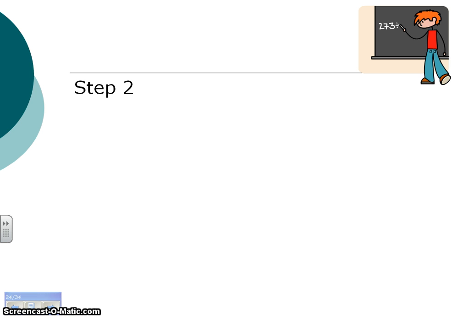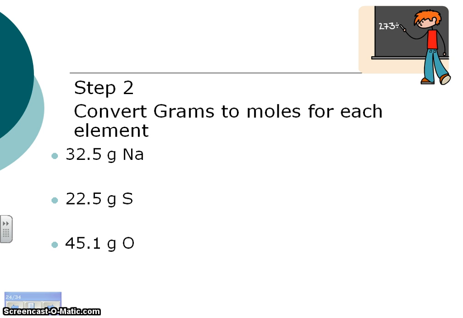So step 2. Now that we know our grams, we're going to convert the grams to moles for each element. So all we're going to do is set up our unit conversions for each element. We're going from grams, so grams is going to be on the bottom for each.